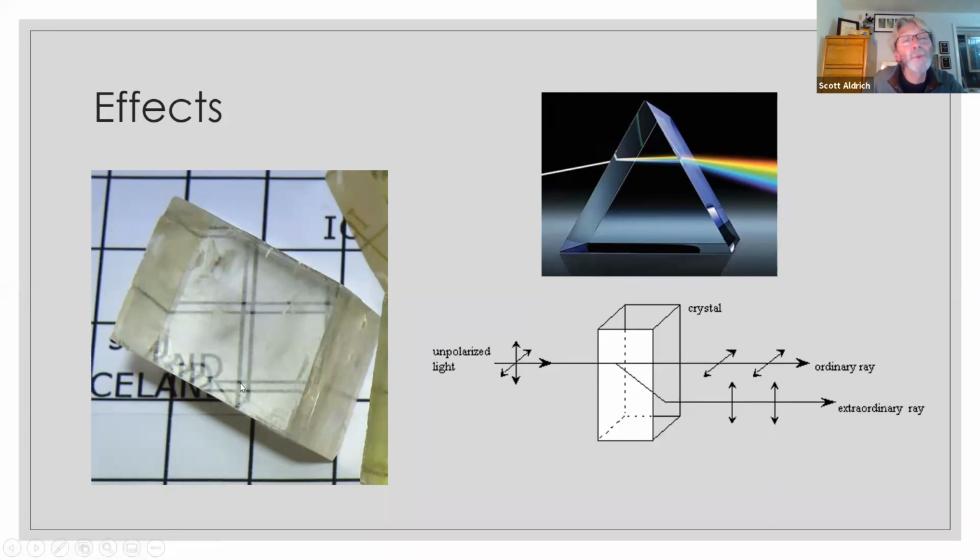You can see with light passing into and out of this piece of calcite that you get a double refraction, because the light passes through this material in two different rays called the ordinary ray and extraordinary ray.